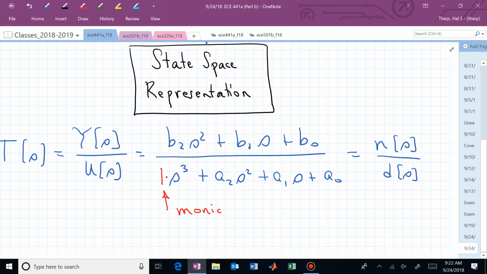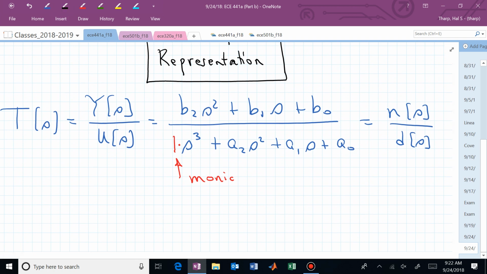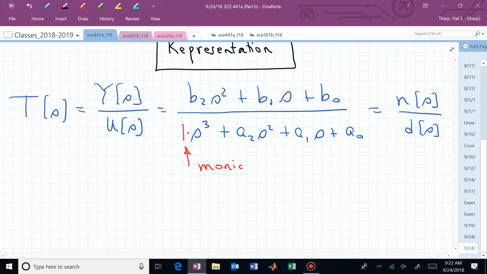Now I hope that you can immediately see how we would find a differential equation relating y of t and u of t. From this, what's the order of this system? Is our transfer function proper or strictly proper, or neither? Do you remember the definition of those?